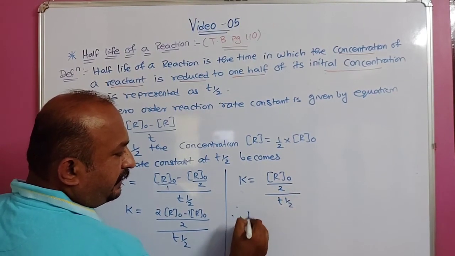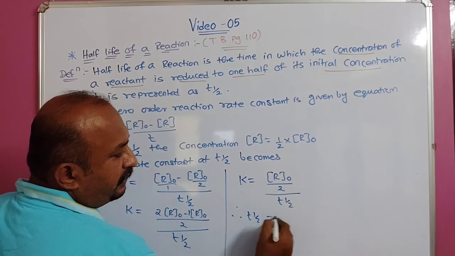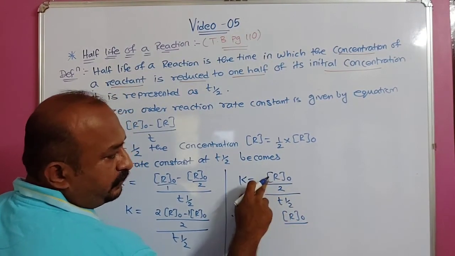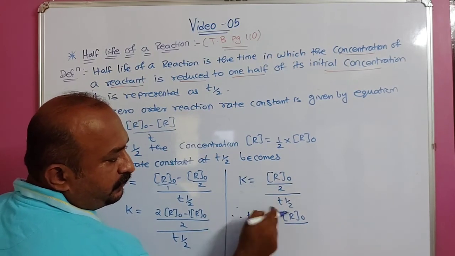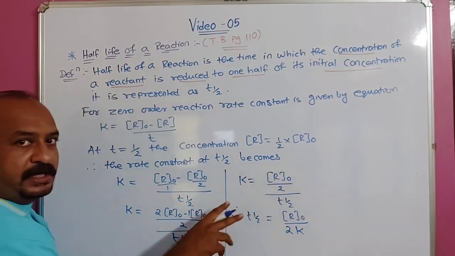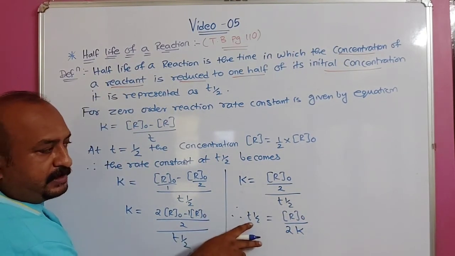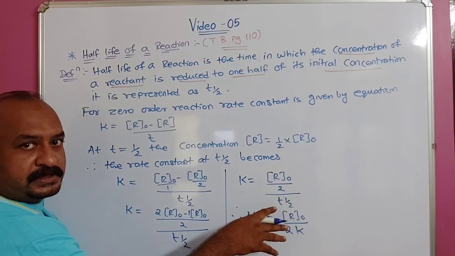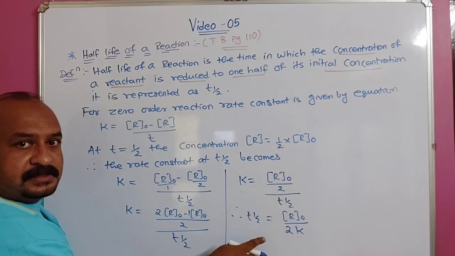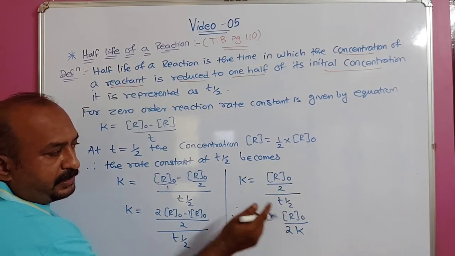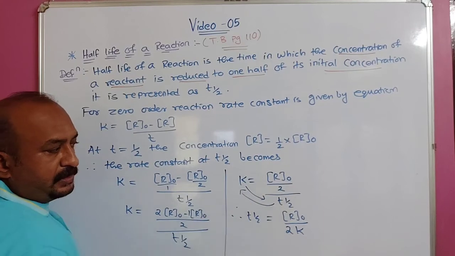So I can write T half will be equal to R0 upon 2 into K. Understood? So I have rearranged this. If you have difficulty, you can add one more step and write 2 T half here. But I think this is easier to understand. This 2 will go here, and this K I have taken here. Interchange this.